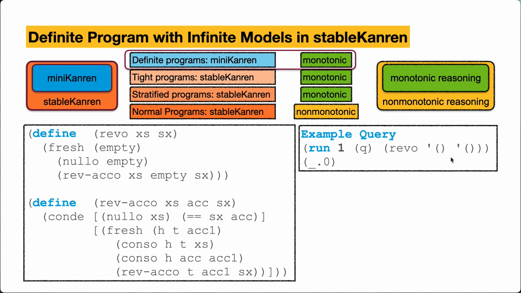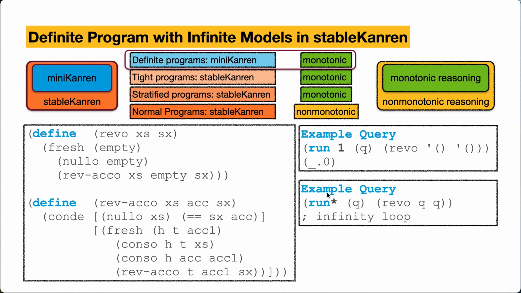These two empty lists are reversed to each other. And if we run a query to generate all possible lists reversed to each other, then we know there are an infinite number of them. So here is the first problem: definite programs have infinitely many models.